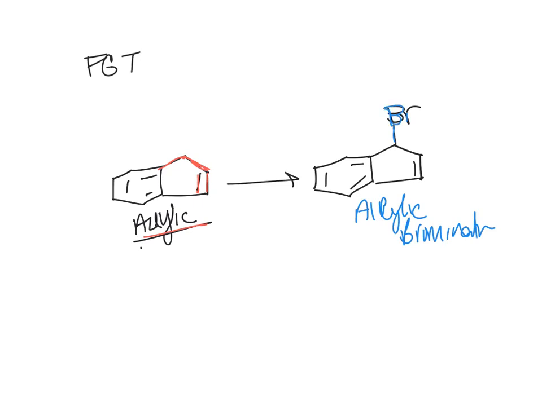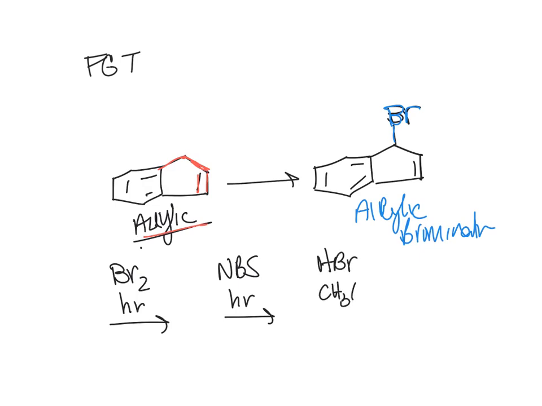So if you remember, you have a few kinds of reagents: bromine with light, and then you've got NBS with light. You also have HBr and ROOR, right? And then you also just have HBr.